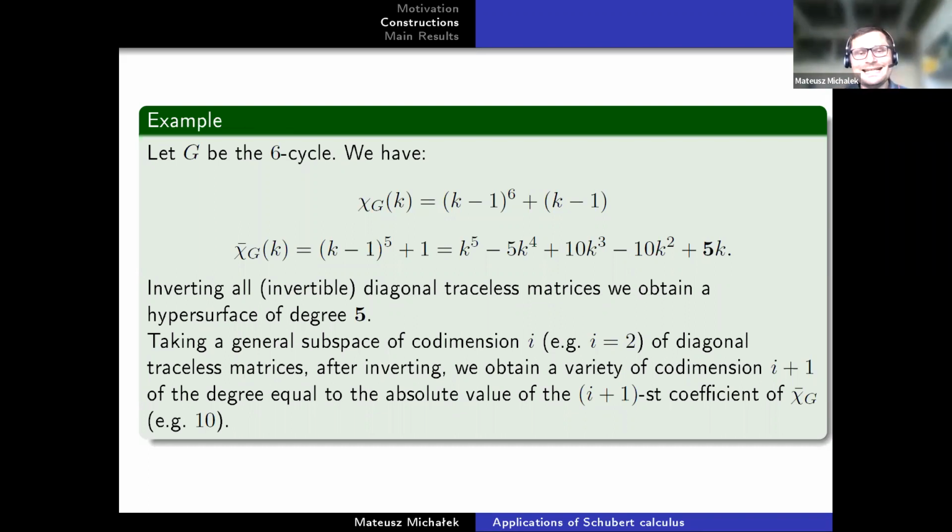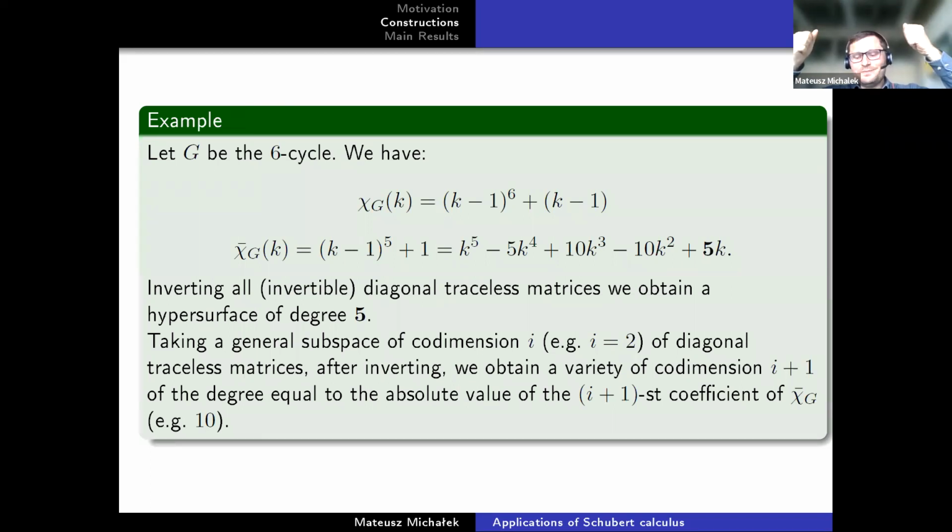And I claim that what June proved is that the absolute values of the coefficients of this polynomial are the multi-degree of the graph of the map that takes a traceless 6 by 6 diagonal matrix and associates to it its inverse.